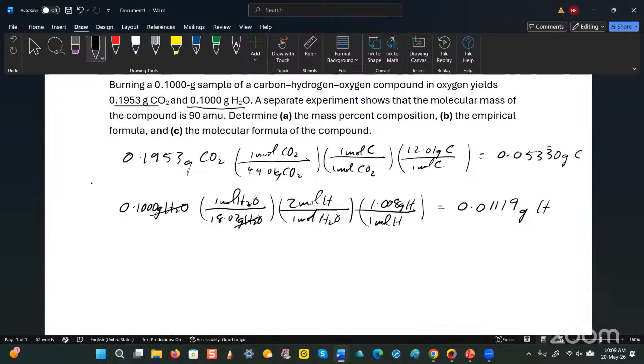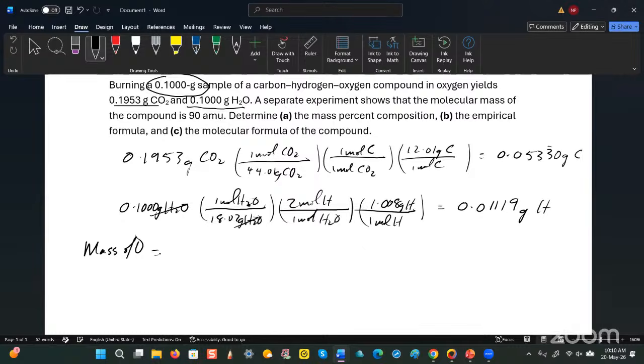So what we have successfully done so far is to determine the masses of hydrogen and carbon in the original compound. But remember, the question says that there are 3 elements: carbon, hydrogen, and oxygen, right? So the question now becomes, how do we get the mass of the oxygen? Well, we know what the total mass is. The total mass is 0.1000 grams, right?